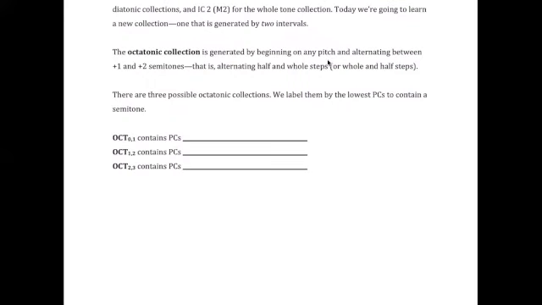So I'm going to start with octatonic 0, 1. So we've got 0 and 1. That's our +1. Now we are going to alternate between +1 and +2. So our next pitch is going to be moving by interval class 2. 1 + 2 gives us 3.